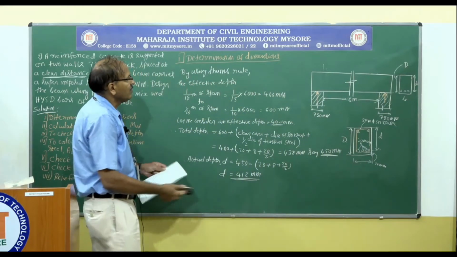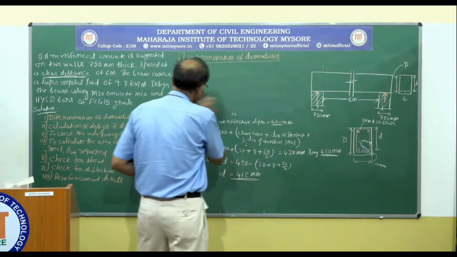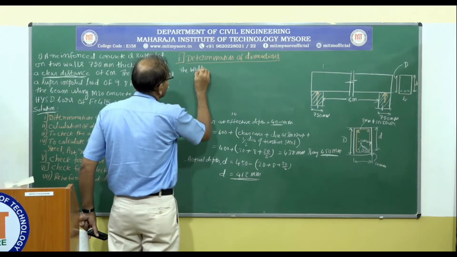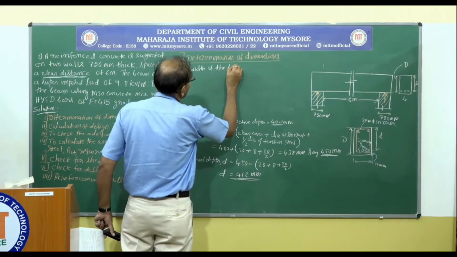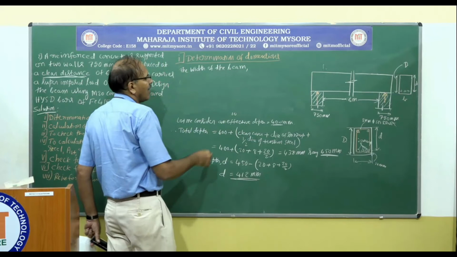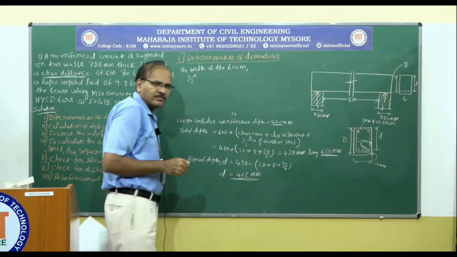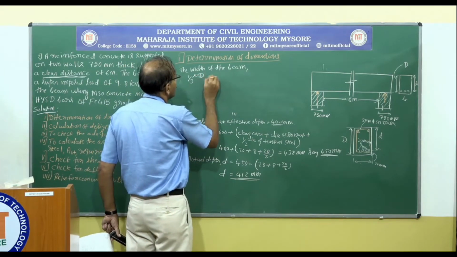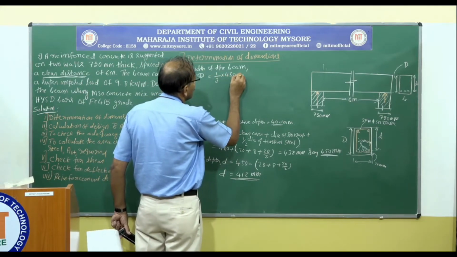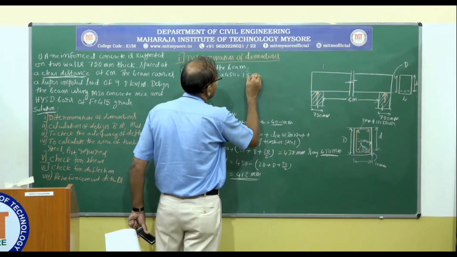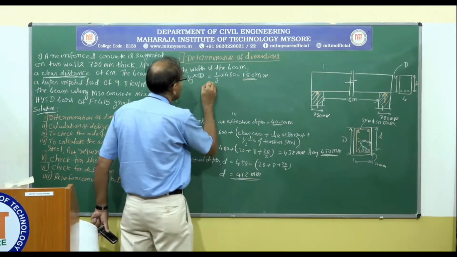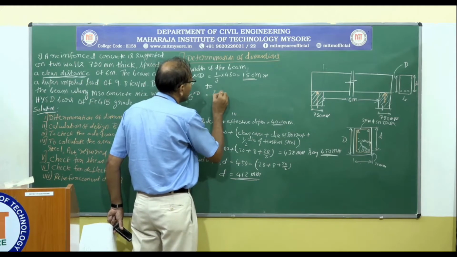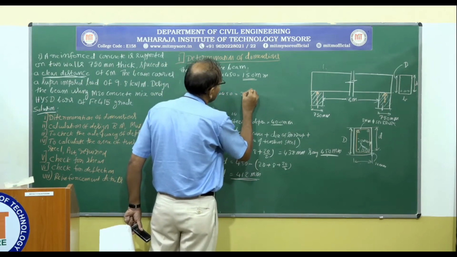Normally, when it comes to the width, we consider the width of the beam as 1/3 of the total depth, equal to 150 millimeter, to 2/3 of the total depth, that is 2/3 into 450, equal to 300 millimeter.